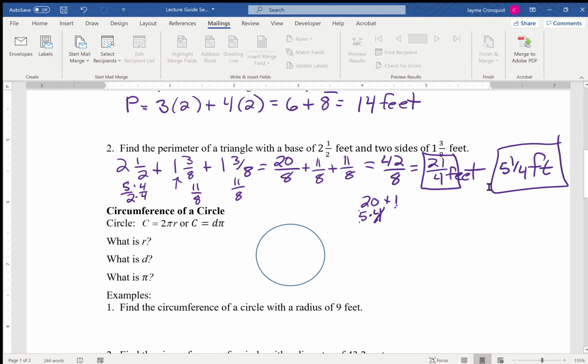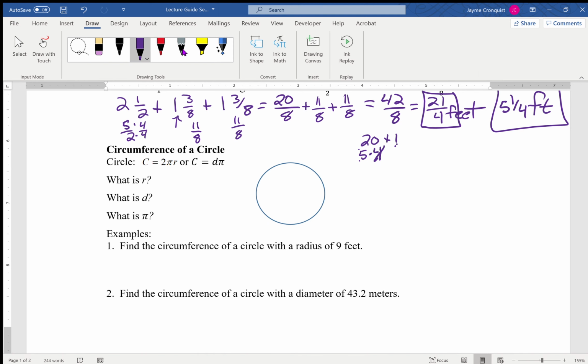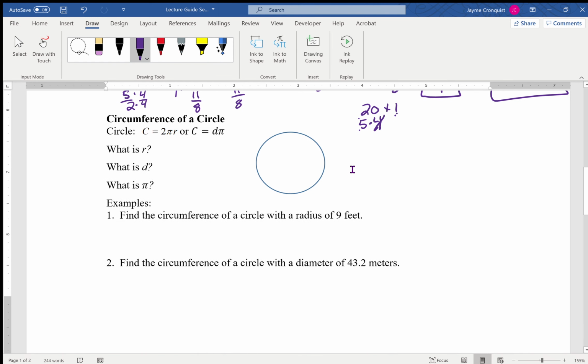All right, so now we're going to look at the circumference of a circle. Circumference is perimeter just for a circle. It's just round. All right, so what is R? We're going to write the name, radius, and then I'm going to draw a picture so you get an idea.